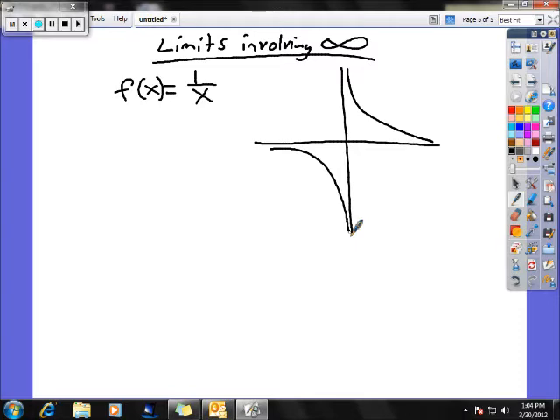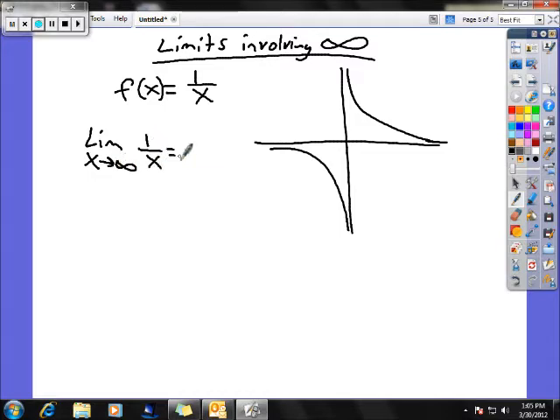Now, it's easier to see limits graphically. If you want to graph the stuff or check on the calculator, that's okay, but I do want you to be able to work these out by hand too. So let's look at the limit as x approaches infinity of 1 over x.